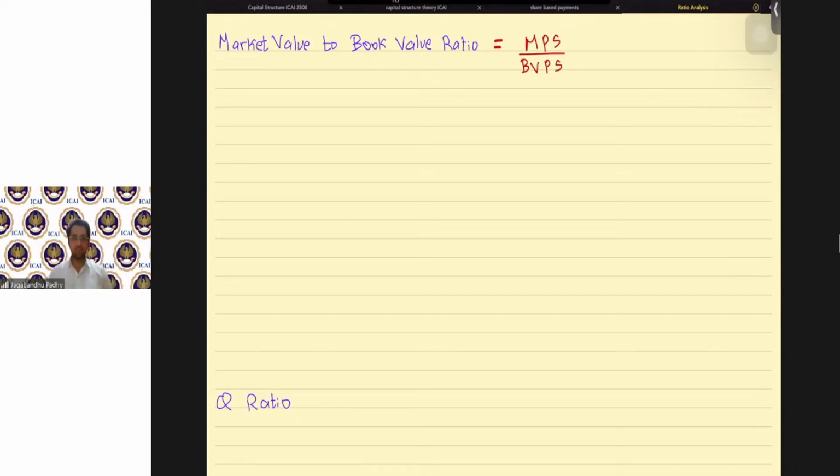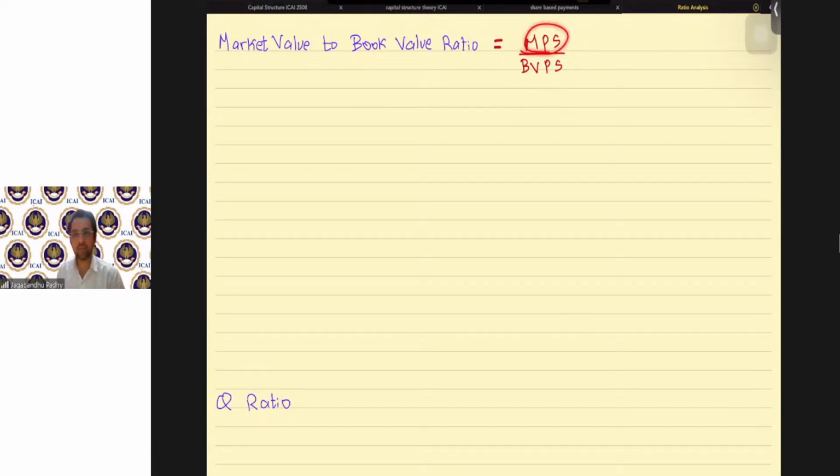So market price per share upon book value per share. That's the market value to book value. Now, what does this ratio indicate, and what are its implications? All those things we are going to discuss. But before that, let's try to understand this ratio properly.